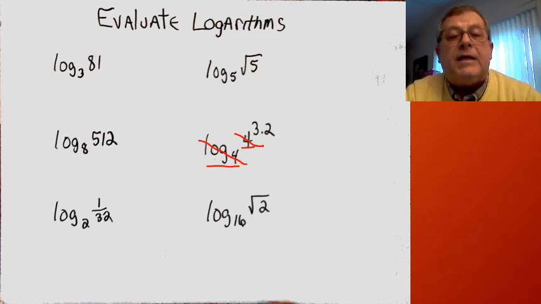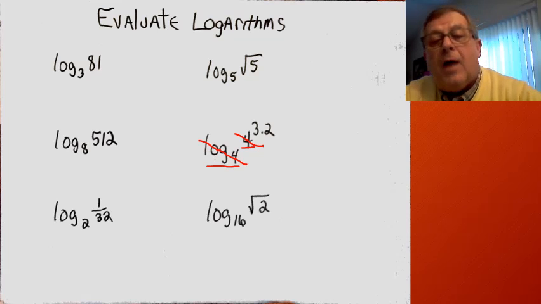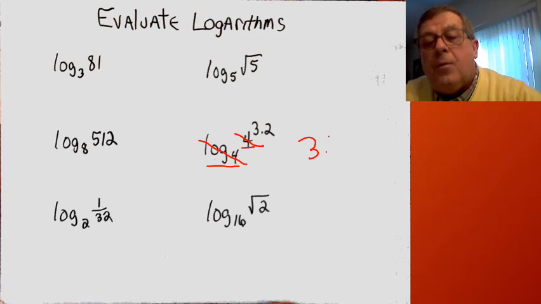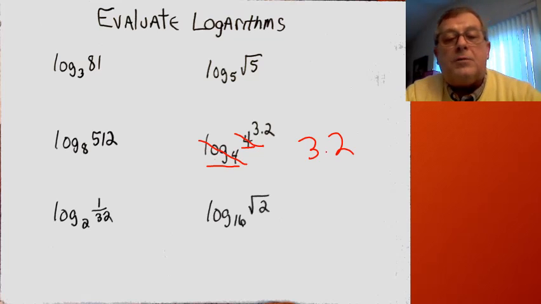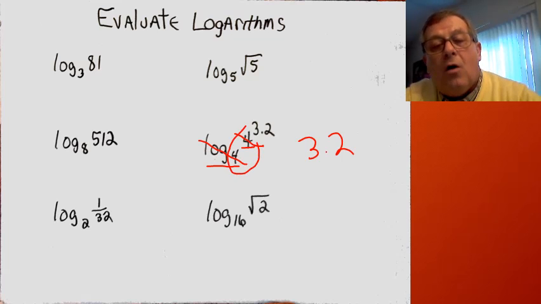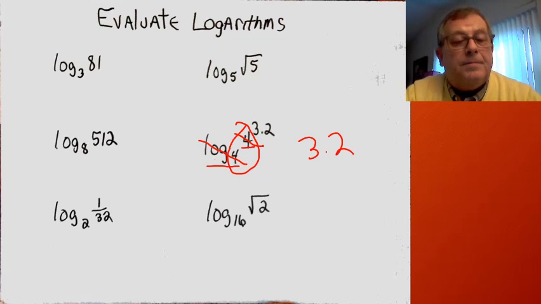That's because of this inverse property of exponentials and logarithms. And so my answer is just simply 3.2. Because my log 4 and my 4 cancel out because those are the same.